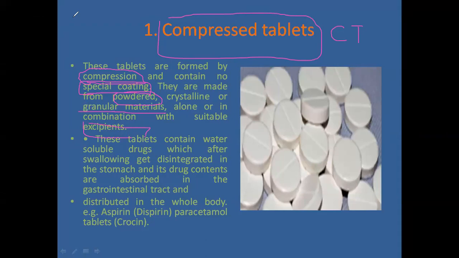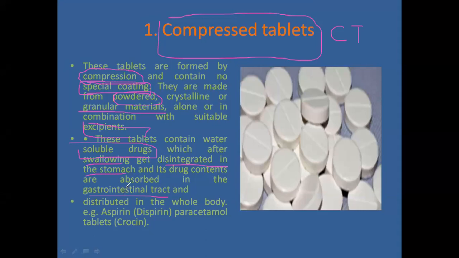So these tablets are prepared with the help of the API and the other excipients, singly or in combination with the excipients. Now this tablet contains water soluble drugs which after swallowing get disintegrated in the stomach, and its drug contents are absorbed in the GI tract and distributed all over the body.